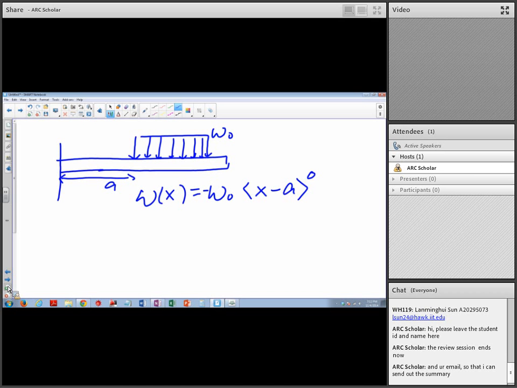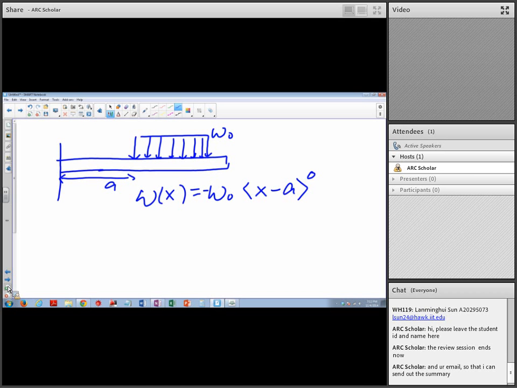So now I need to delete this part. I need to cut out this part so that I can get to this one. So now I just need to subtract this one and this one.